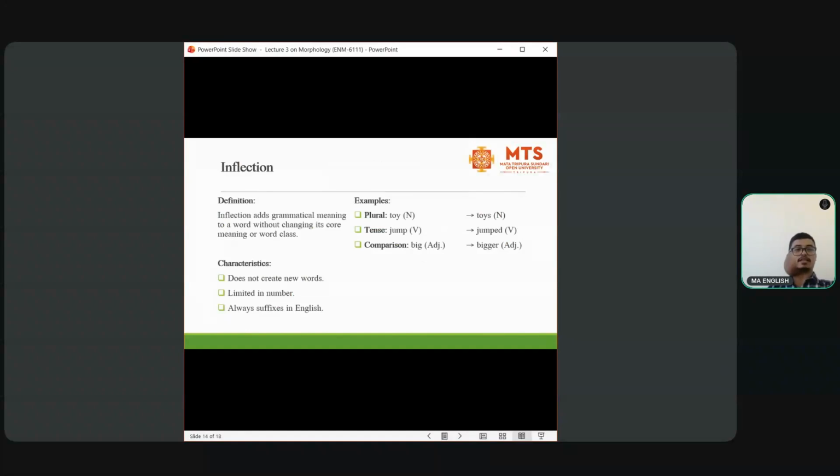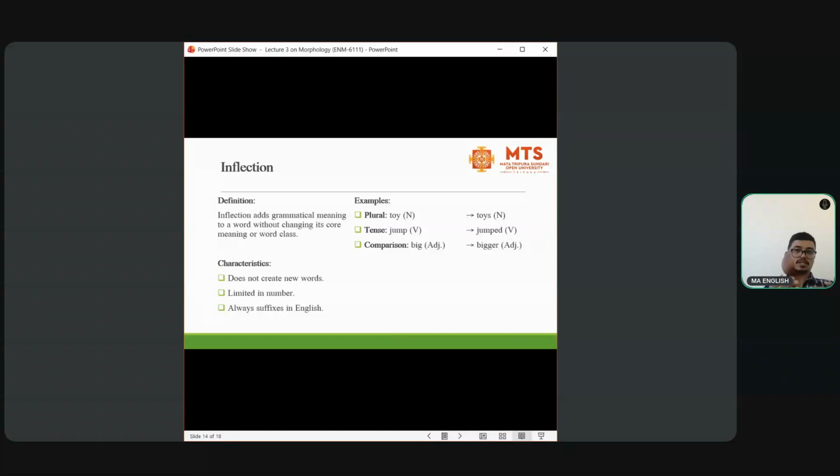Okay, so next is inflection. Now, what is inflection? Inflection, on the other hand, does not create new words. It only adds grammatical information like tense, number, or degree of comparison. In English, only suffixes are used.